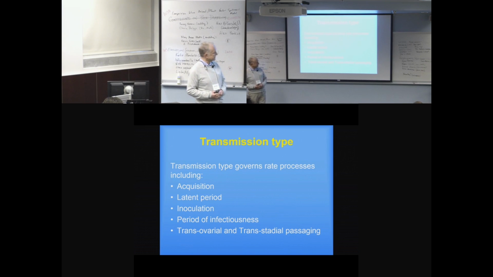And there are other cases where if it's acquired as a larva, the virus can then passage through the different stages that the insect goes through until it becomes an adult. So these last two features are important in the persistent type of transmission.